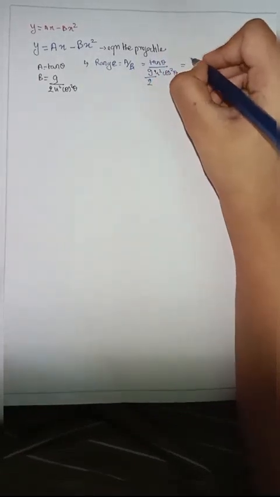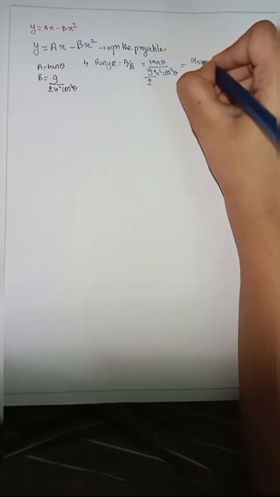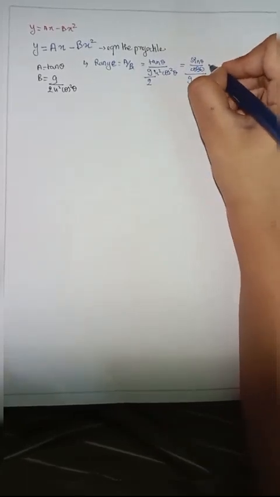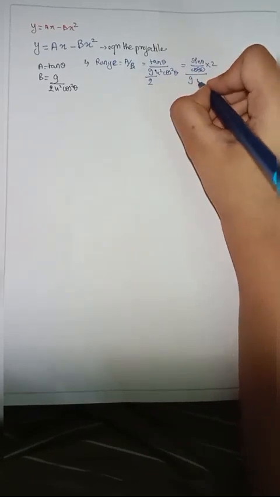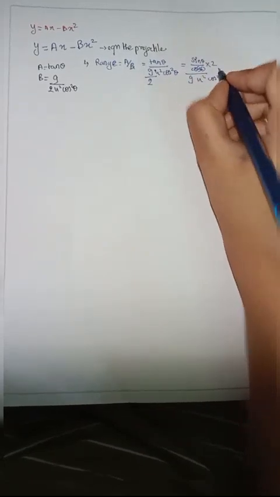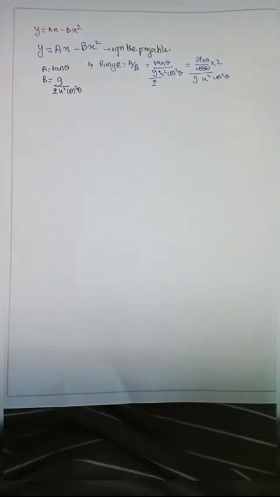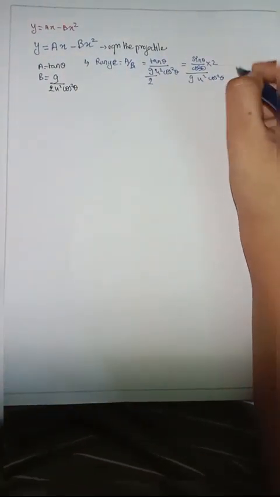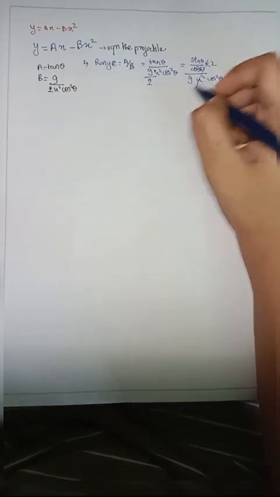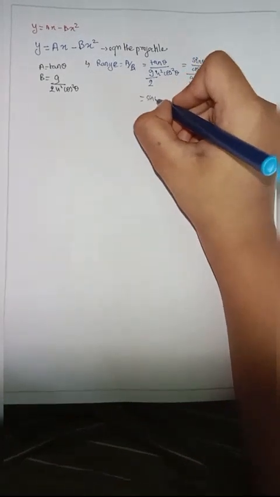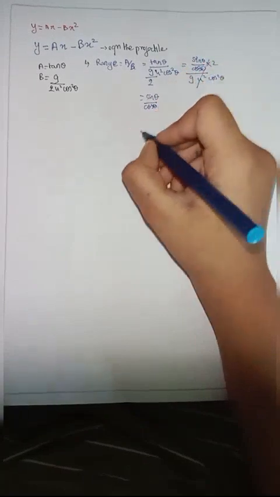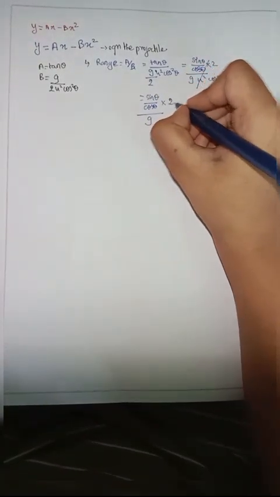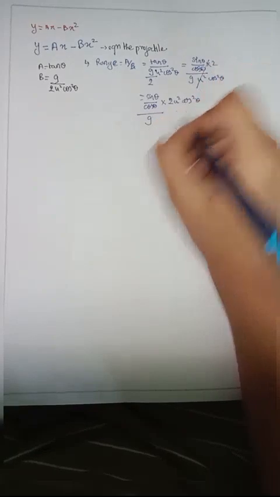We can represent tan theta as sin theta by cos theta divided by g. The 2 we can take up to u squared cos square theta.